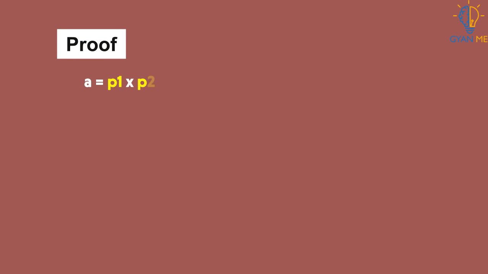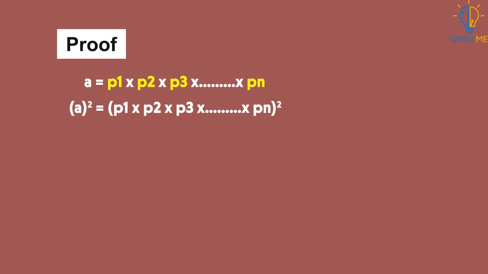Let us take any number a and write its prime factorization as p1 into p2 into p3 and so on up to pn, where p1, p2, p3 and pn are prime factors of a. They are not necessarily distinct. Some might be repeated numbers. Let us take squares on both sides in equation 1.